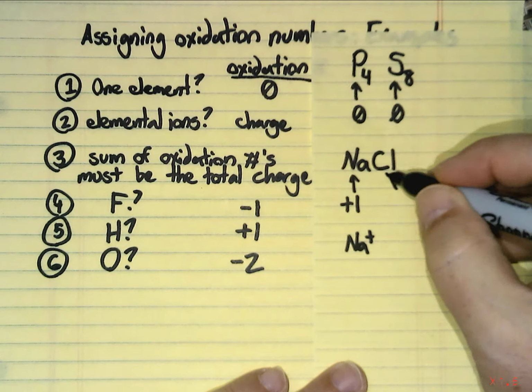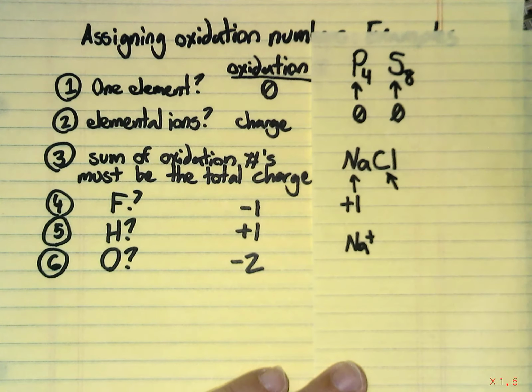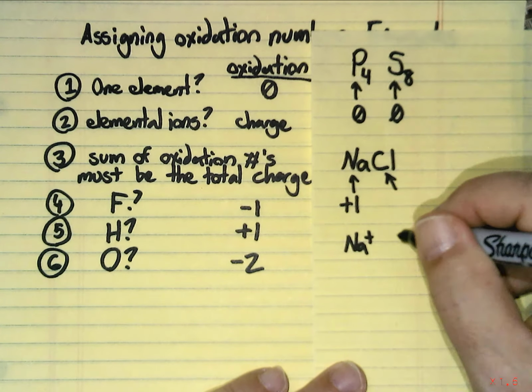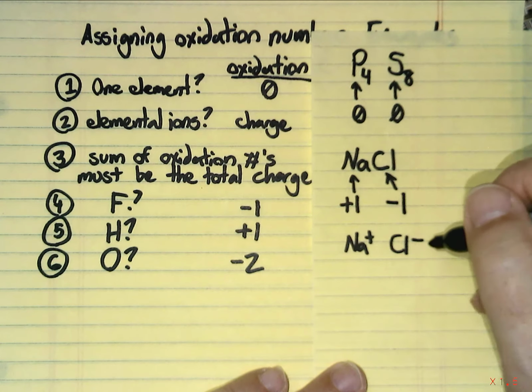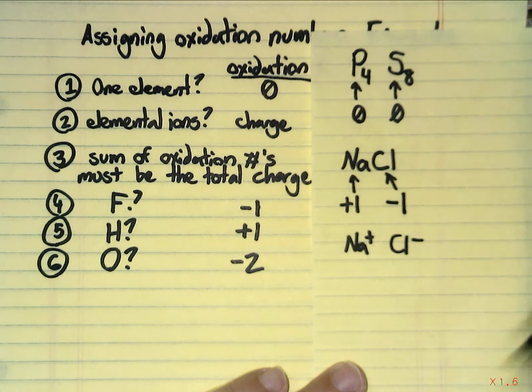Now, if I look at the chlorine, look at the periodic table. It's in the halogen column. What's the charge on all the ions for everything in the halogen column? It's a -1. So that ion that you have in there is Cl-. And I can say that since the charge on this is a -1, I've got a -1 oxidation number.